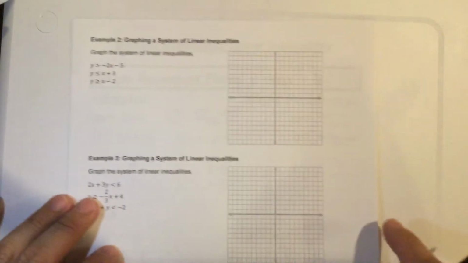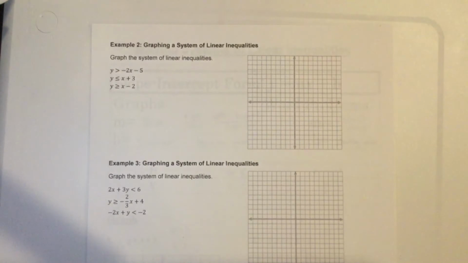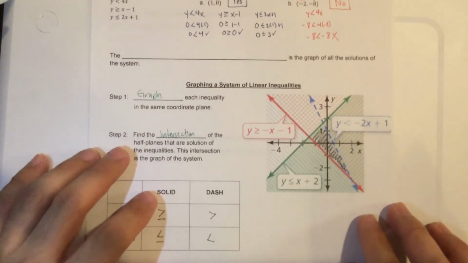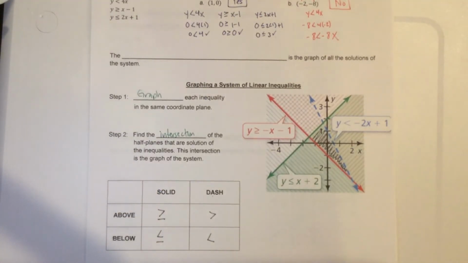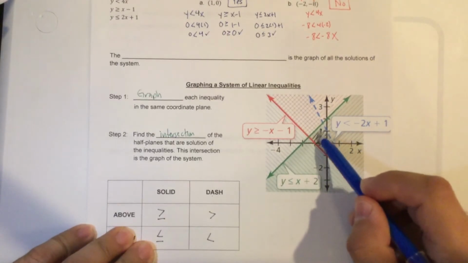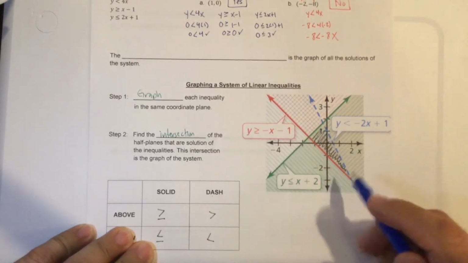So now we're going to take a look at graphing 2 of them. So for example 2, it says graph the system of linear inequalities. Actually, before I go back there, let's take a look here again real quick. For this one here, any solution is any point that falls in the triple shaded region, since there are 3 equations.